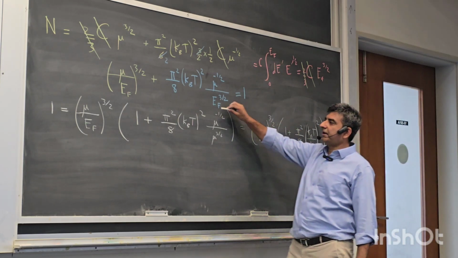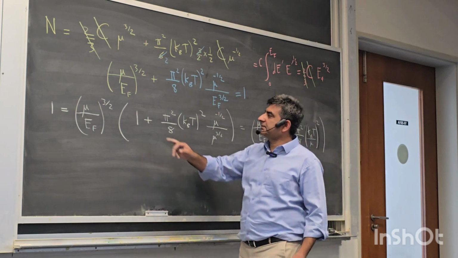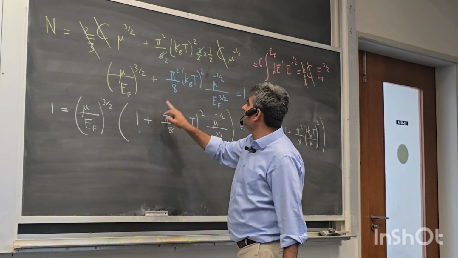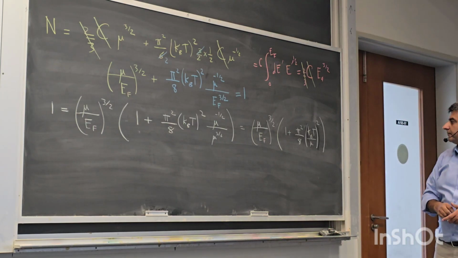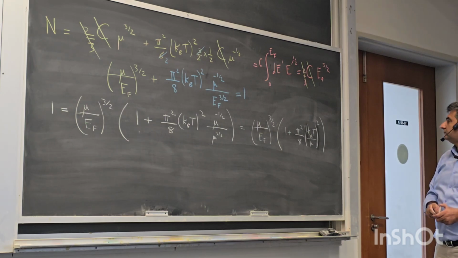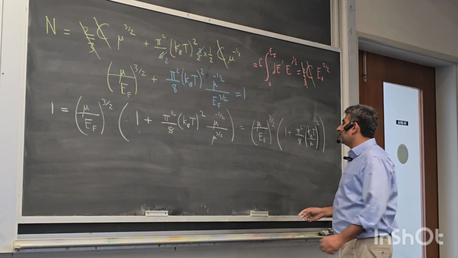So this is correct up till here. So I have just taken this as common, this becomes 1. So this is already here. So this is what I have over here. So what does this show?